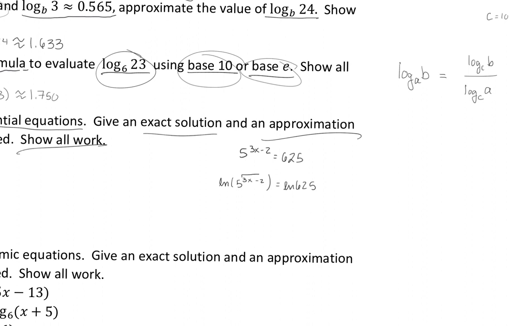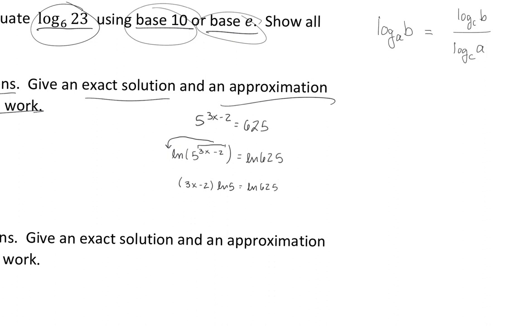Now my power here can come up front. 3x minus 2 times natural log of 5 equals natural log of 625. And then because the natural log of 5 is just a number, go ahead and divide everything by natural log of 5 to get 3x minus 2 is equal to natural log 625 over natural log of 5.